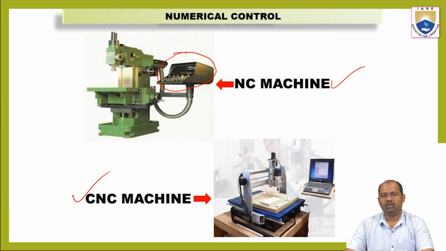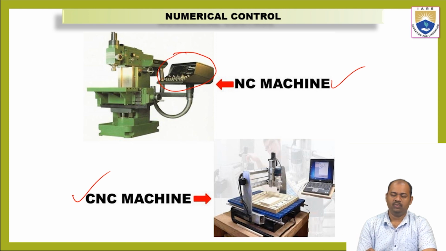This numerical control machine is somewhat old. We have replaced the numerical control system with computer numerical control because a lot of advancements in technology have happened. The computers are used everywhere, so that is why the numerical control system is replaced with CNC, computerized numerical control.